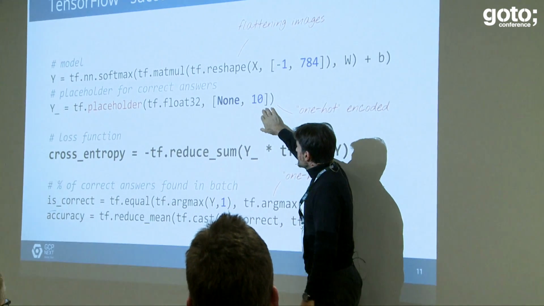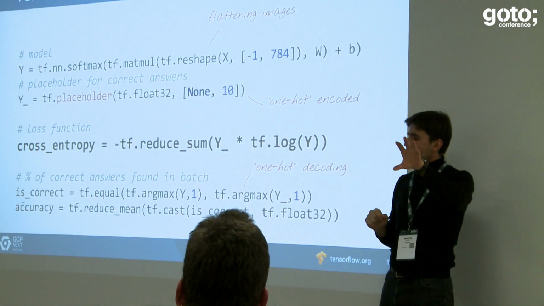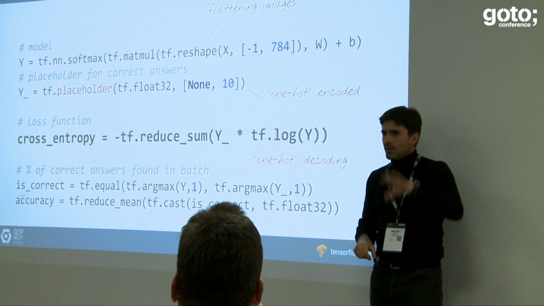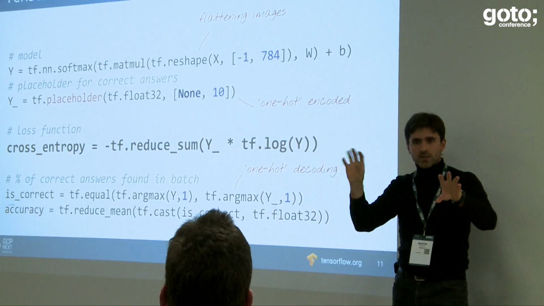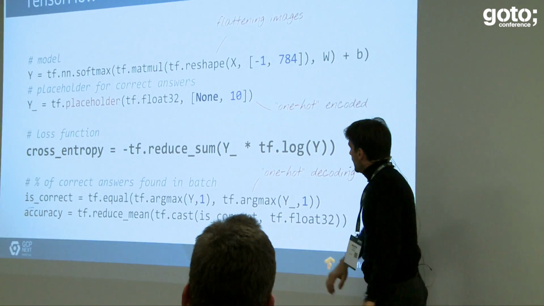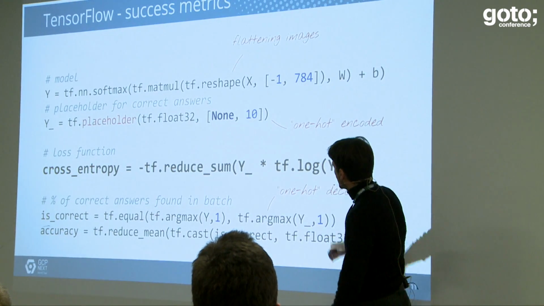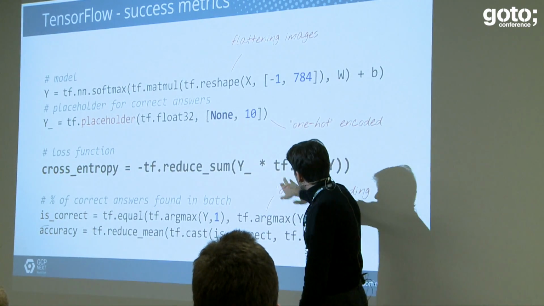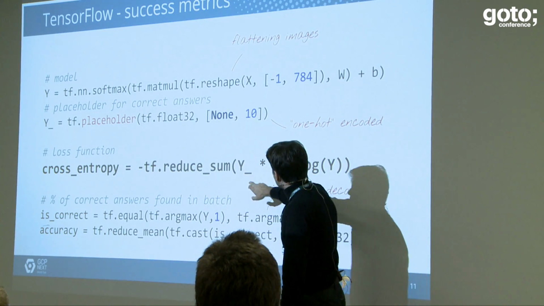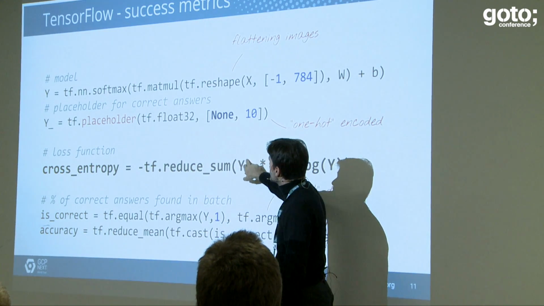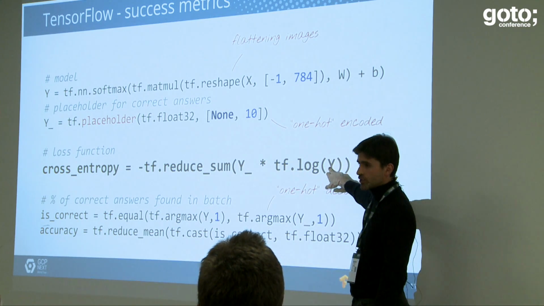We also need a placeholder for our known labels. We will be feeding images and labels. A picture of an 8 and a label saying this is an 8. A picture of a 7, a label saying this is a 7. And now we compute our loss function, the cross entropy. So we have seen this multiply is an element-wise multiply. We multiply the bits of the label by the logarithm of our predictions.